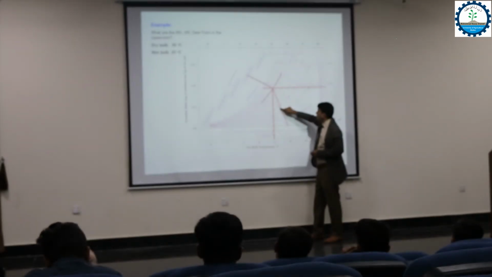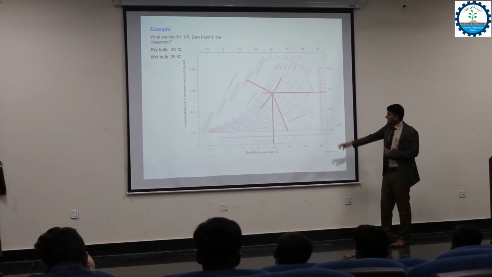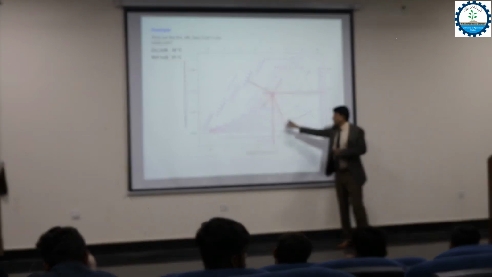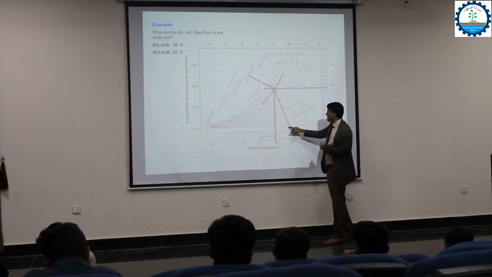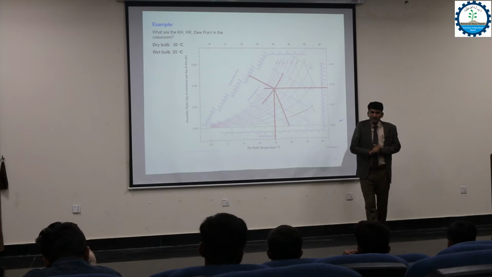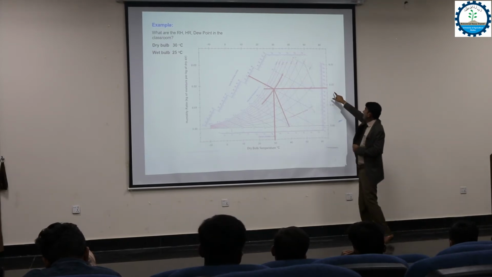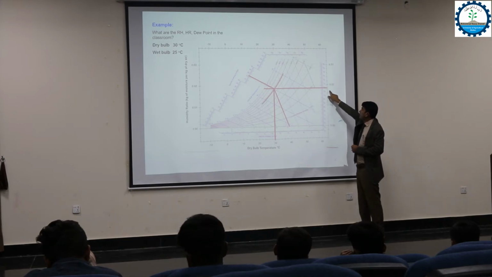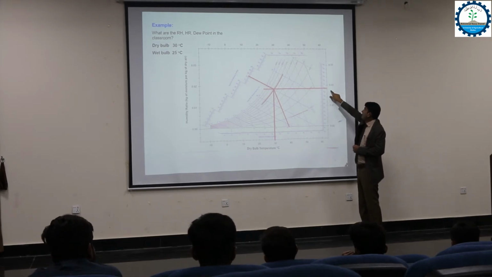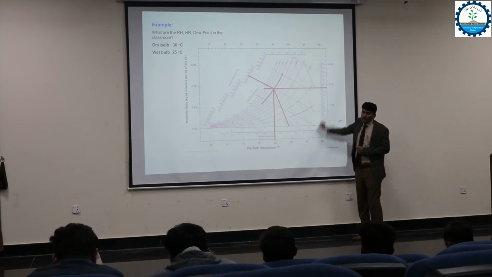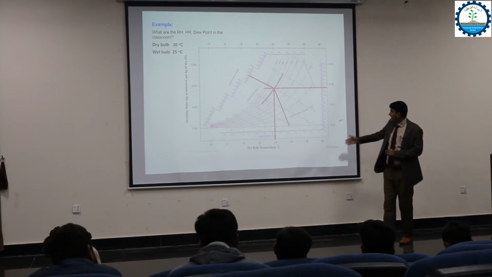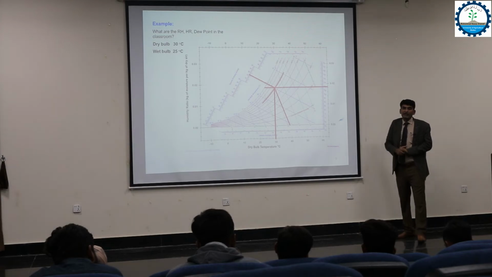Another one is your specific volume. The specific volume is also the green lines we have mentioned here, and from the specific volume curve at your point you can predict this is almost 0.88 specific volume. And for the specific humidity or humidity ratio, you will horizontally draw the line and touch your y-axis, and here is our specific humidity lines.